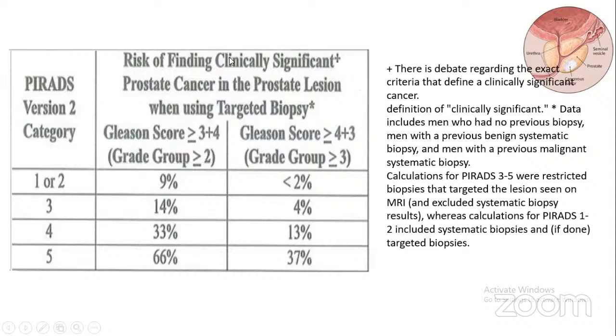Okay, so there is debate regarding the exact criteria that define clinically significant cancer.